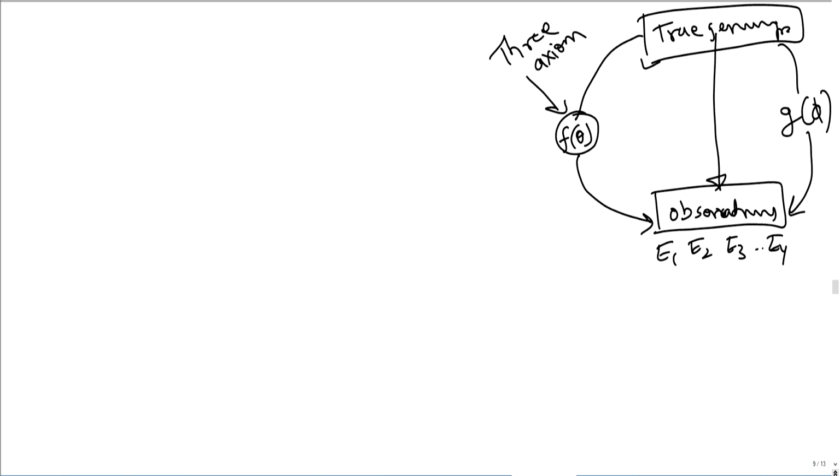Both these are probability assigner functions, and we are assuming that in one case f of theta is a true generative process, and let's say someone else is claiming that g of phi is the true generative process. Now, what do we do? We use the data to estimate what exactly this function f of theta is that might have generated the observations.